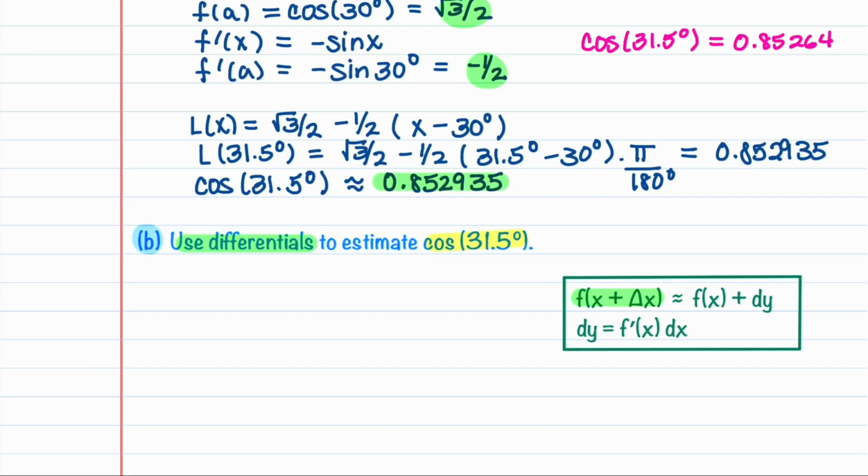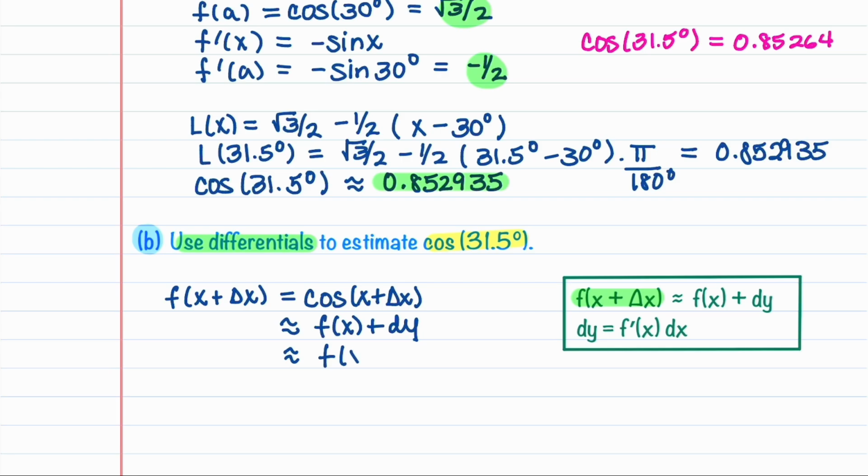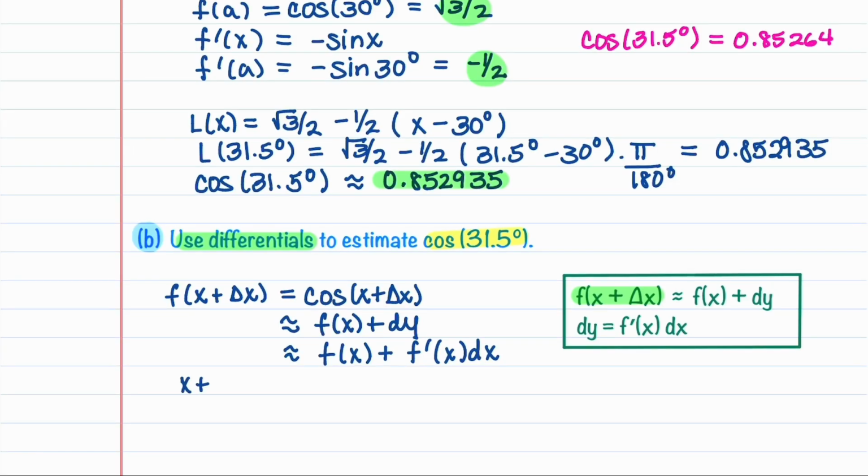We're going to start by saying that f at x plus delta x is cosine of x plus delta x, and this is going to be approximately, looking over here at the right at our formulas, f of x plus dy. And if we substitute in what dy is, this approximation is f of x plus f prime at x dx.